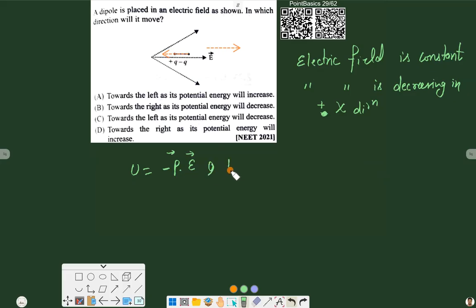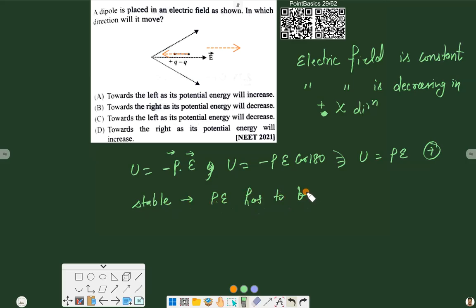So here we can say U is equal to minus PE cos 180, or U is equal to PE, where P and E are the magnitudes of the dipole moment and the electric field. So the potential energy of the dipole is positive, and we know that for any system to be stable, potential energy has to be minimum.